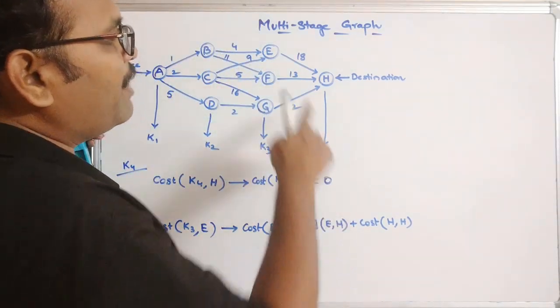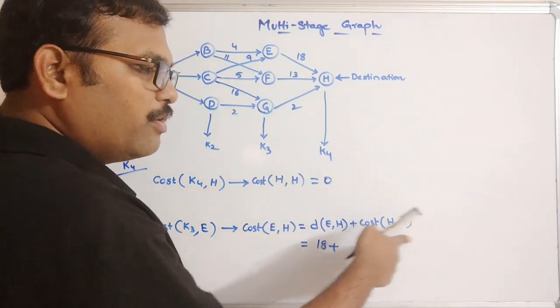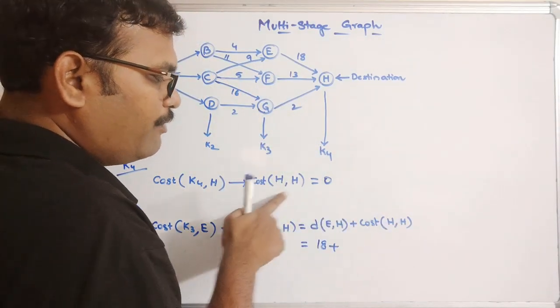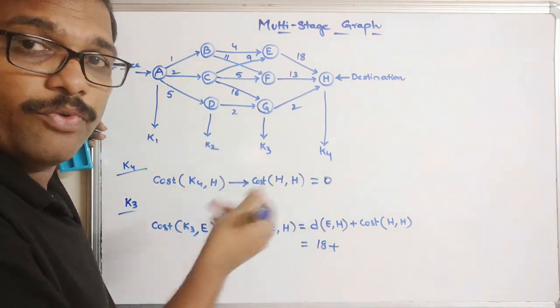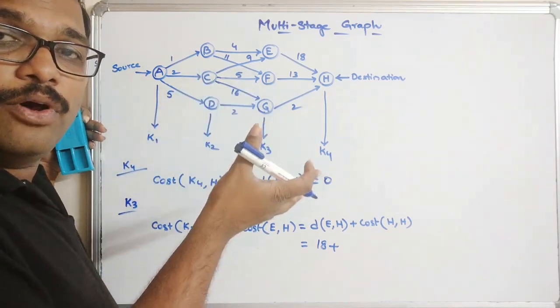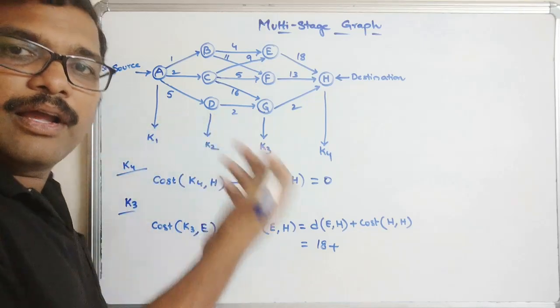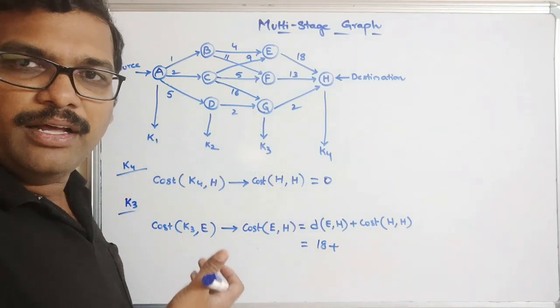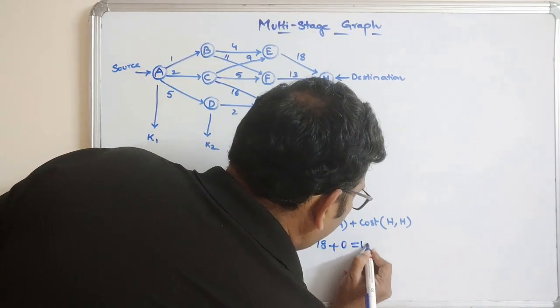D of E comma H is 18 plus, we need not find out the value once again because we have already calculated it here. That is an advantage of dynamic programming. We are supposed to solve the problems and save the solution in order to avoid calculating the same problem once again. So here cost of H is 0, which gives 18.